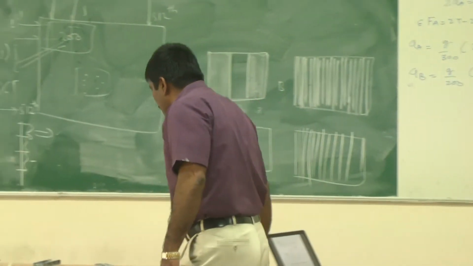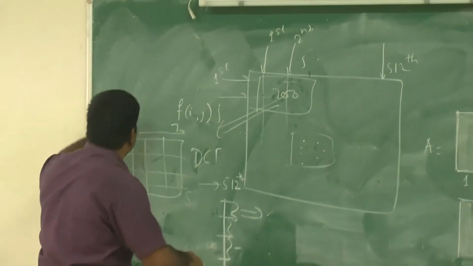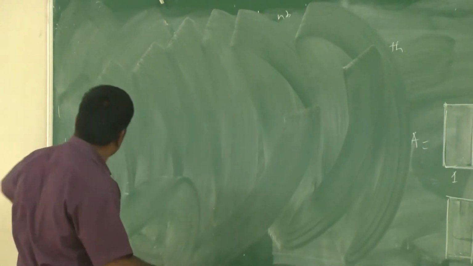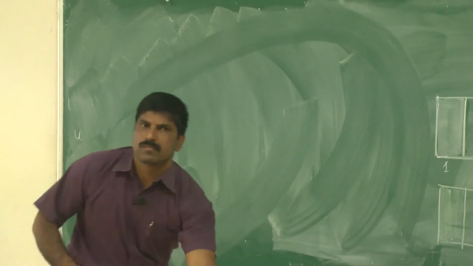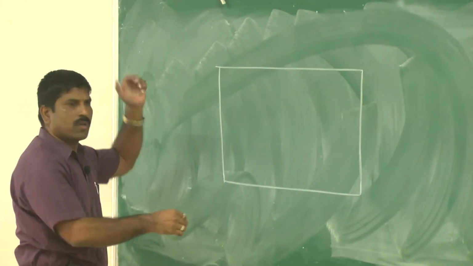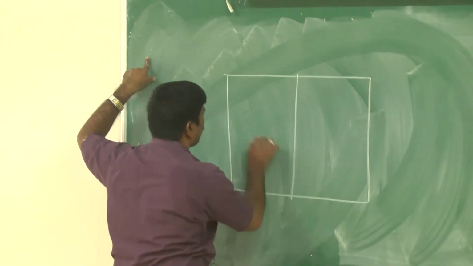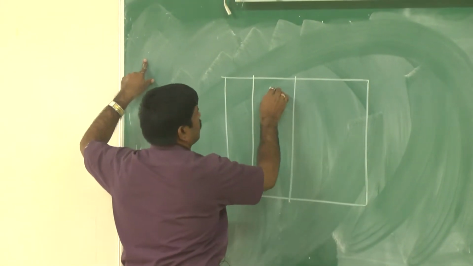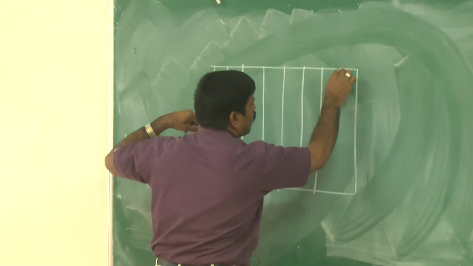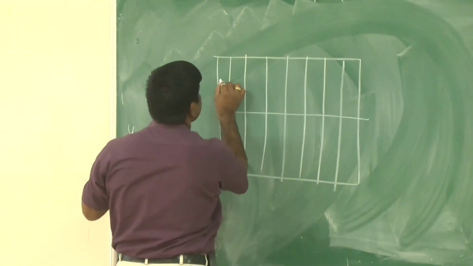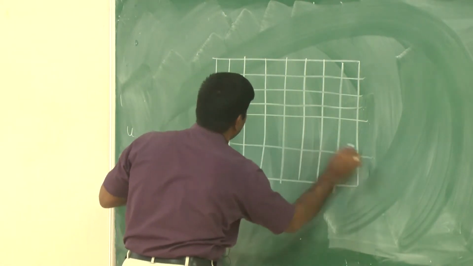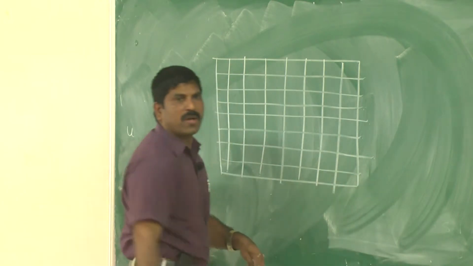Suppose this 8 by 8 block. After taking the DCT of this 8 by 8 block, you get 8 by 8 coefficients, that is 64 coefficients.